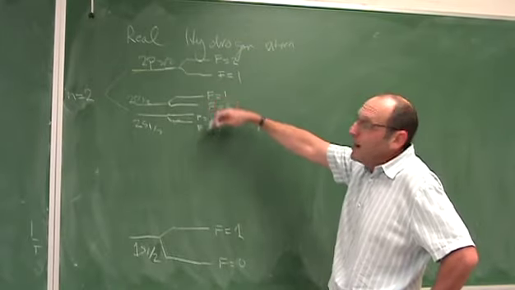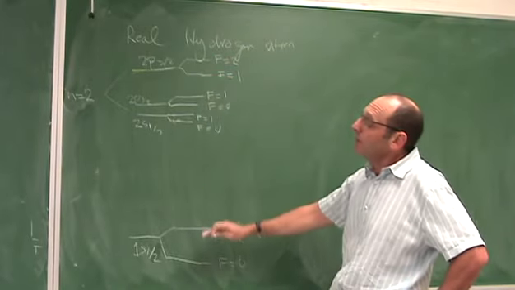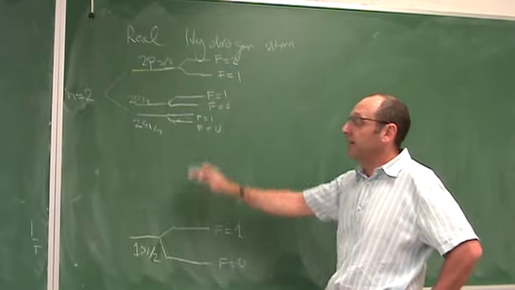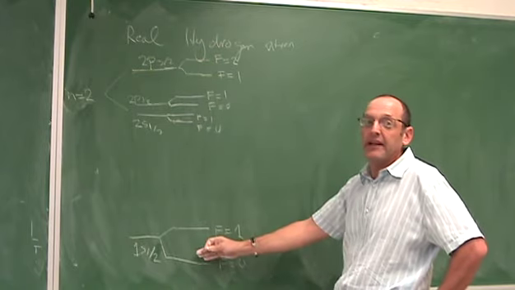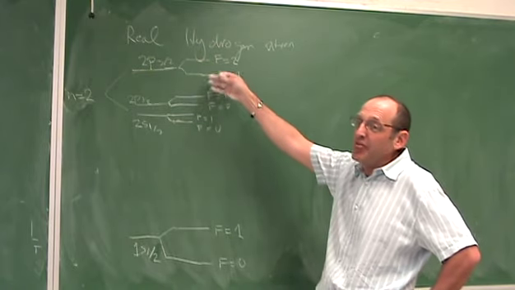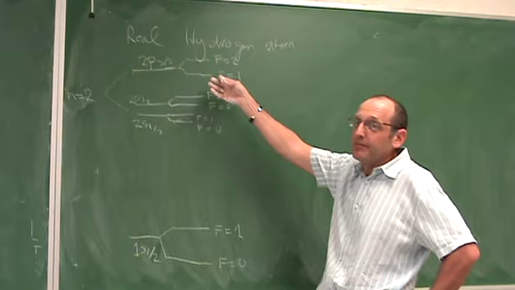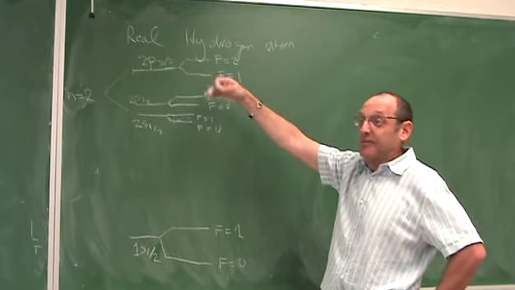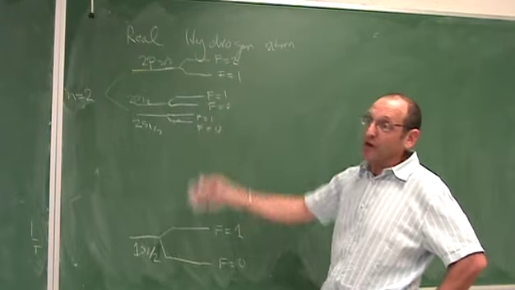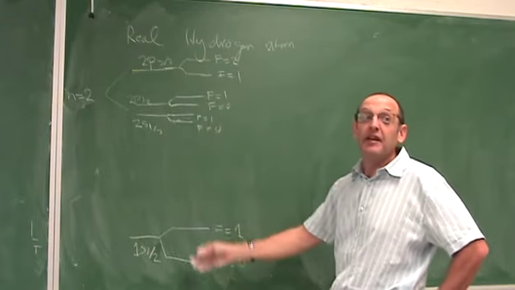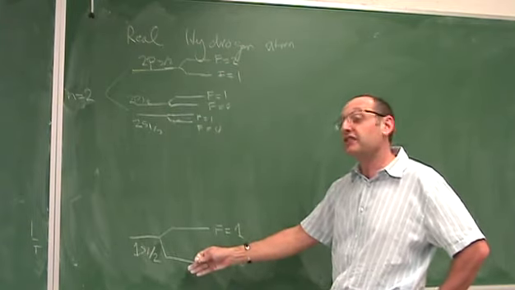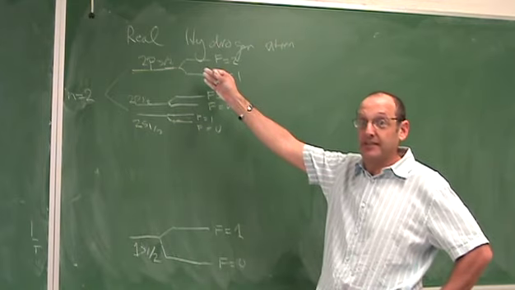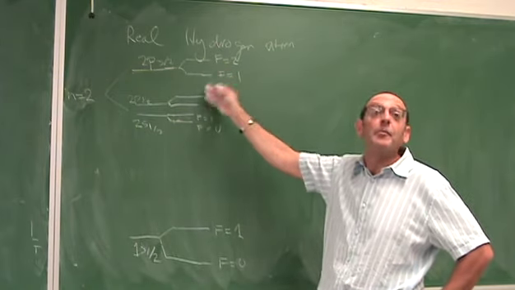In this case, the ratio of hyperfine splitting in the excited state to hyperfine splitting in the ground state is about a factor of 1/3 less. We'll talk about this for other atoms like alkali atoms where the ratio is much different, where the ground state splitting is huge compared to the excited state splitting.